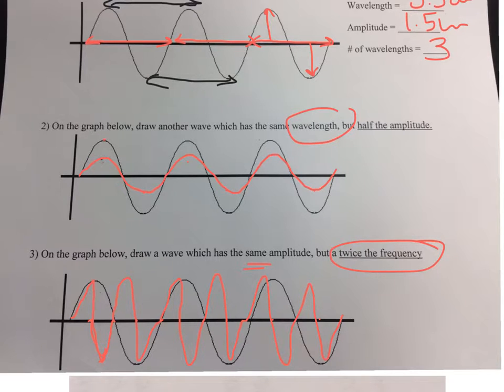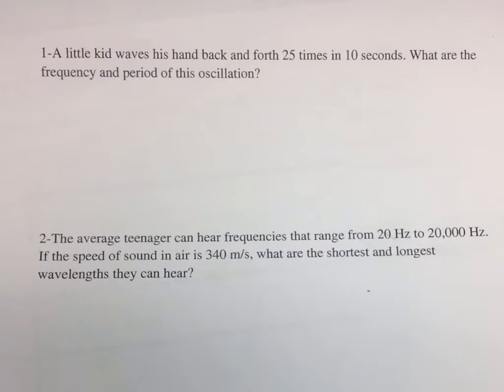The next, on the back of each of your parts, you had questions where you were supposed to use the formulas that we've learned to answer them. So I'm going to pause and pull up the other one. In here, this question says a little kid waves his hand back and forth 25 times in 10 seconds. What are the frequency and the period of this oscillation?